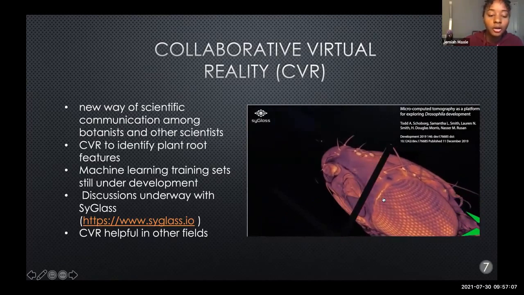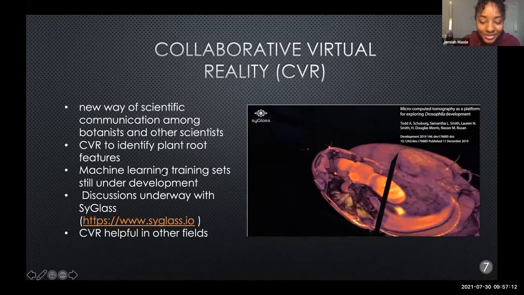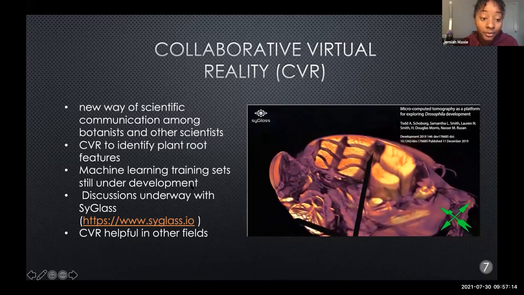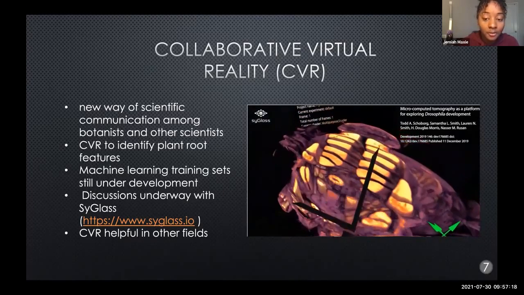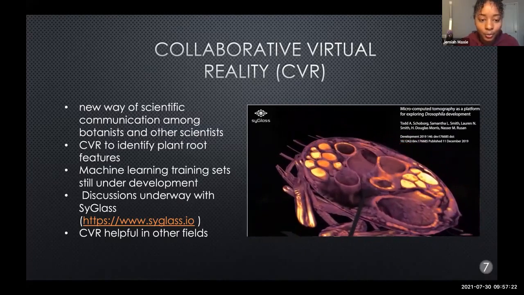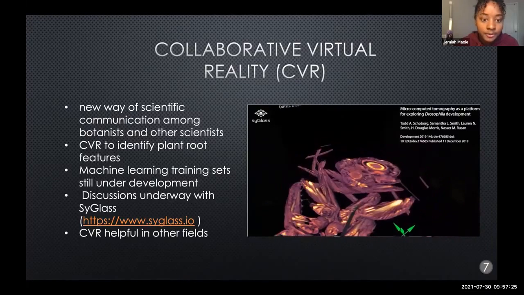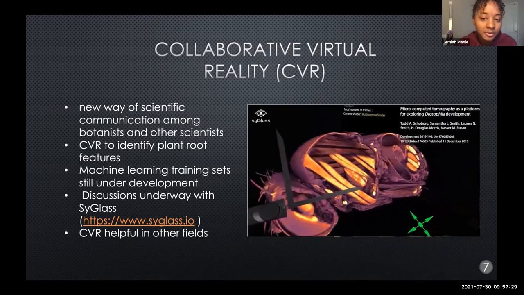So this company specializes in large data sets, which is helpful for plant roots because those data sets are generally pretty large. But not only can you use collaborative virtual reality with things like plant roots, but this can also show up in other fields as well, like the medical field, for example.